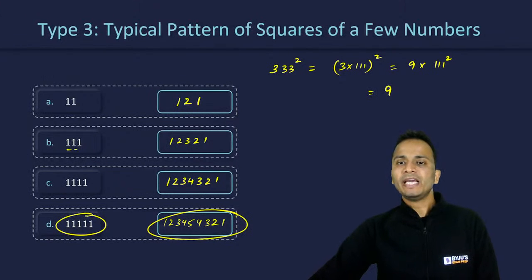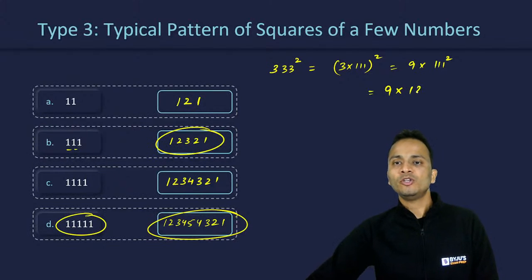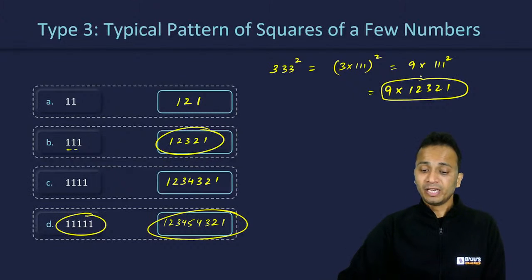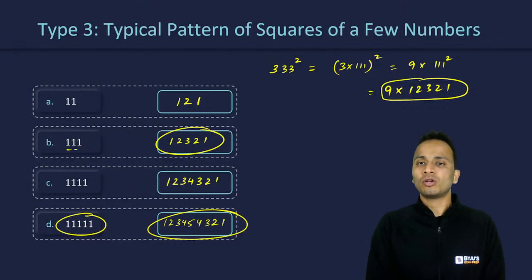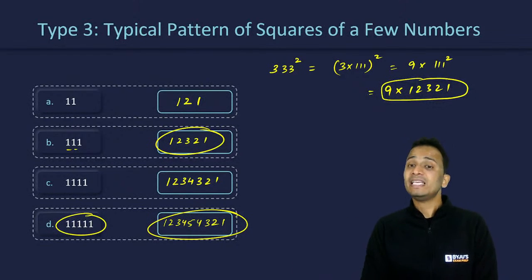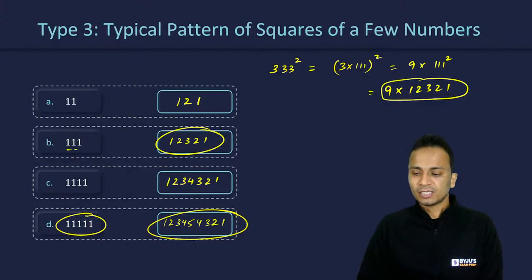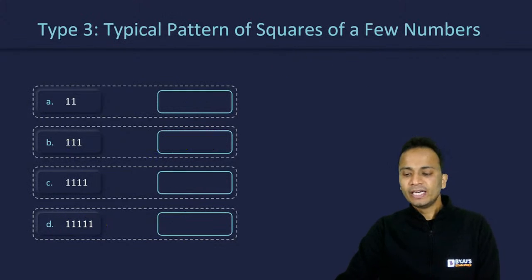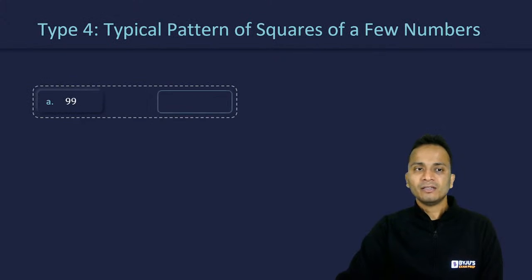Now this calculation becomes very easy. What is the square of 111? 12321. So you can break this bigger problem, 333 square, into a smaller one: 9 into 12321. Now you have to multiply this, and this multiplication will be very easy for all of you, right?